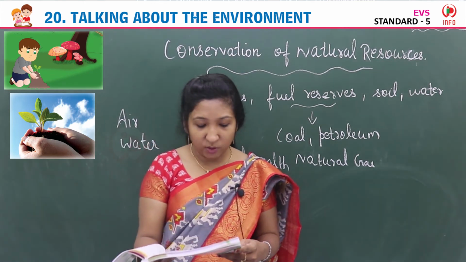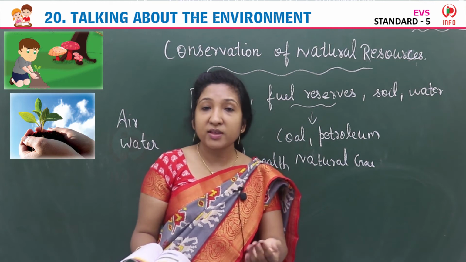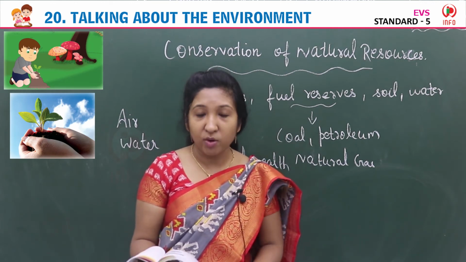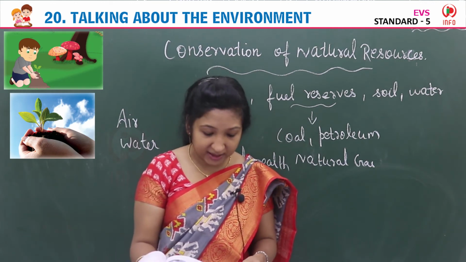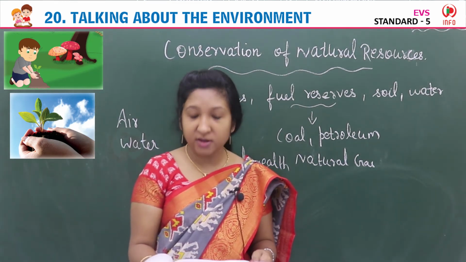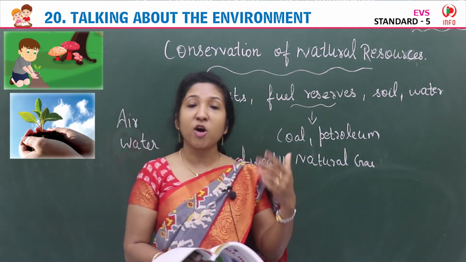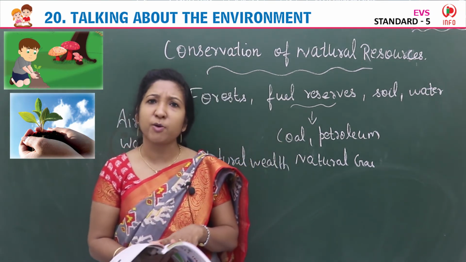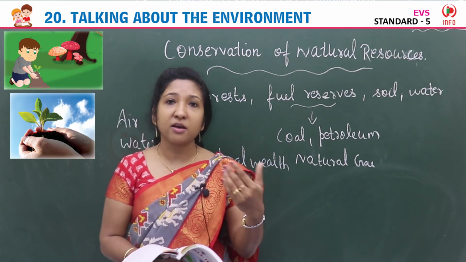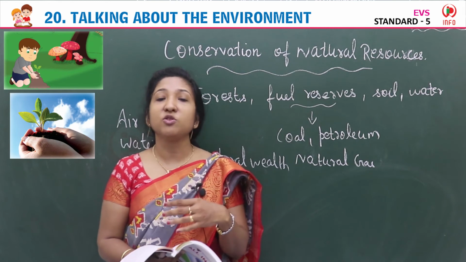We can recycle water and reuse it wherever possible. Wastewater, we can recycle it. Then we should prevent pollution of water sources. Human beings pollute water by washing clothes near rivers, ponds and lakes, bathing cattle and animals, and dumping wastes into the rivers.